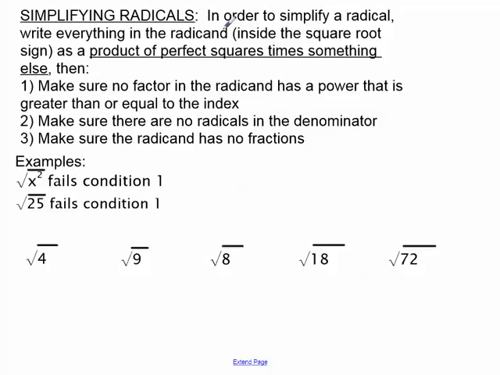In order to simplify a radical, we need to pull out perfect squares. What are perfect squares? Well, right here, no radicals in the denominator. Oops. We'll look at that later on. But really, no factor in the radicand inside the house has a power that's greater than or equal to the index.